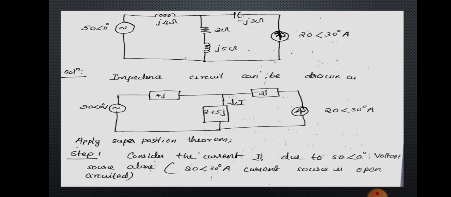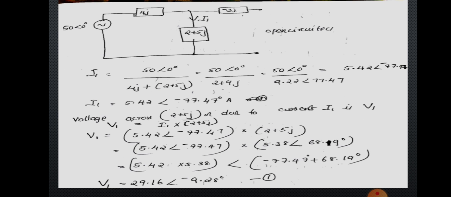So it is represented like this. In the first step we will consider the effect of the 50 angle 0 voltage source alone, so the current source will be open circuited. So the minus 3j part will not be there because it is open circuited. So we can draw the diagram like this.